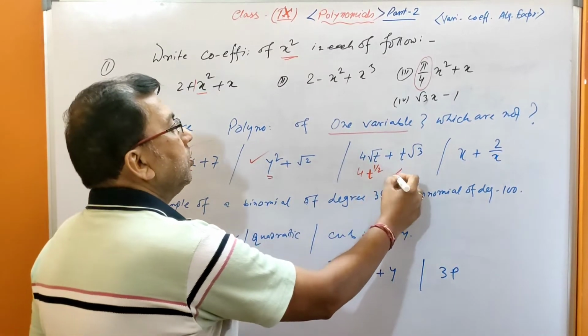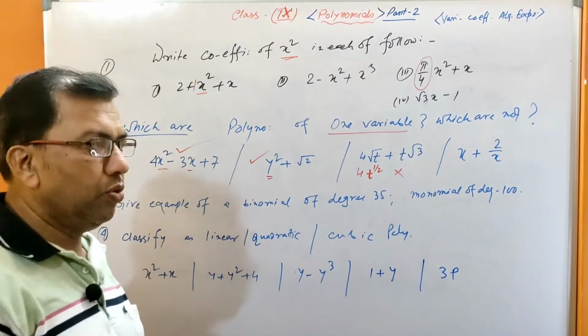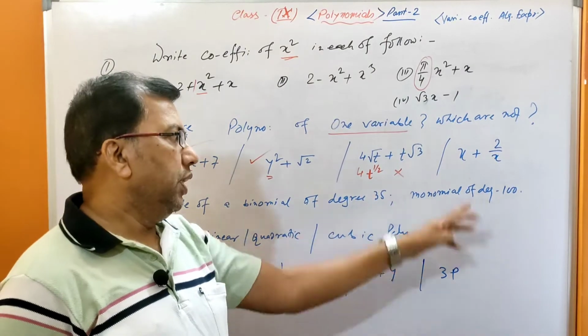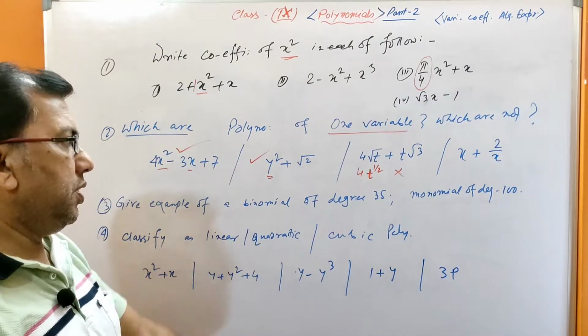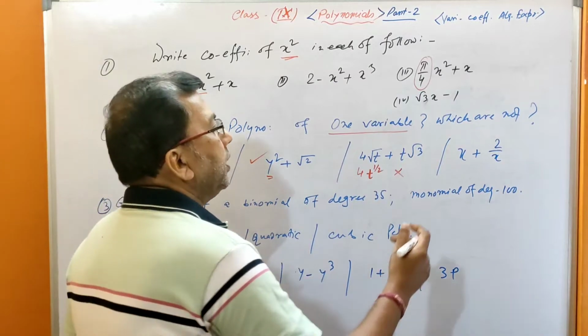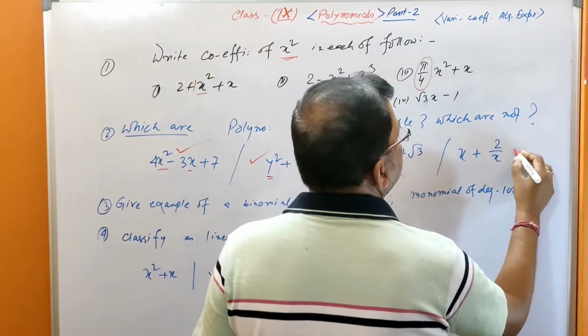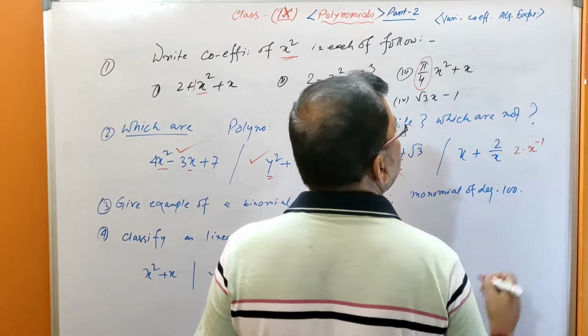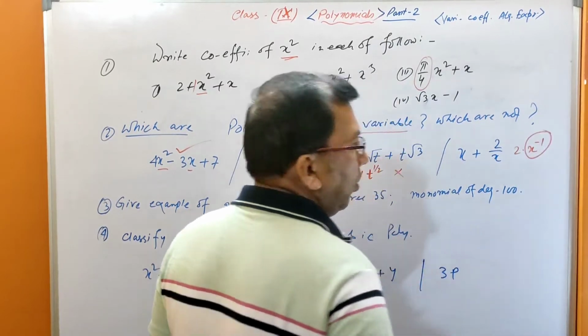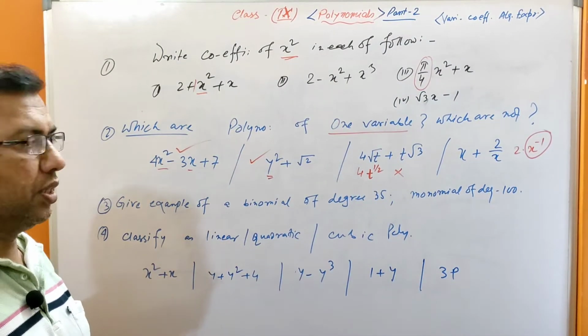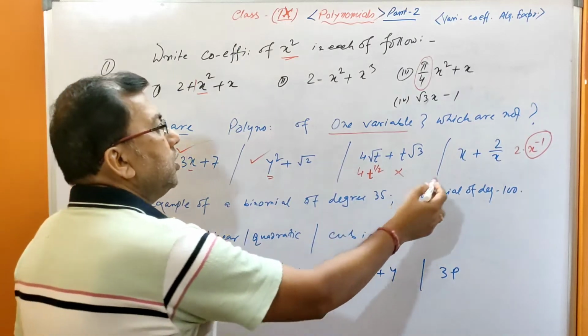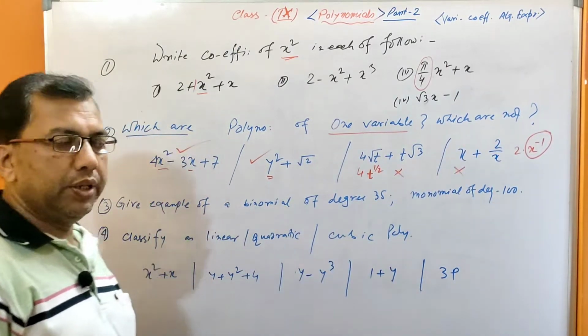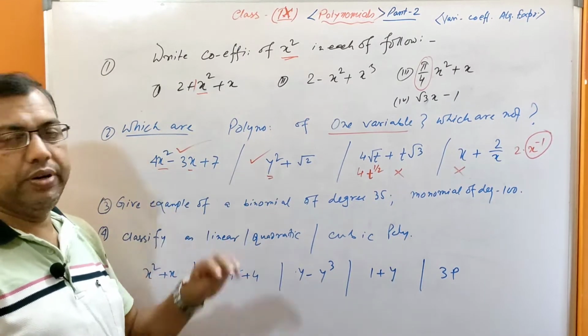It is one variable, but not a polynomial. In this case, it is also one variable, but it is not a polynomial. Why? You can write it as 2 into x to the power minus 1. It is not a positive integer. Clear? So these two are not polynomials, and these are the polynomials of one variable.